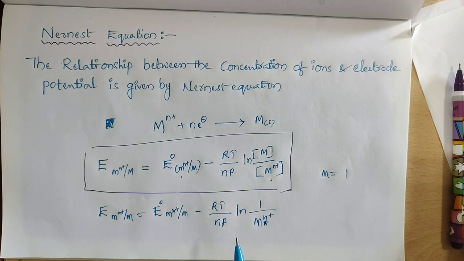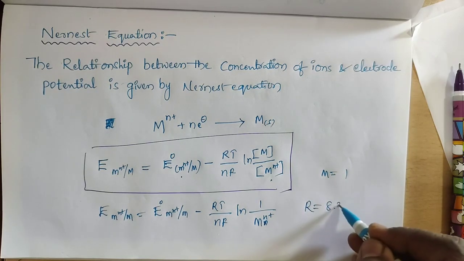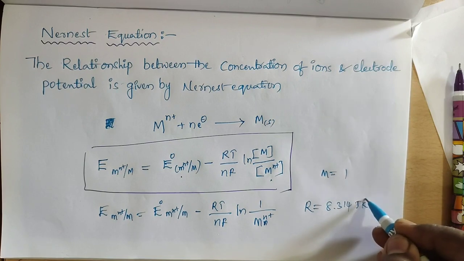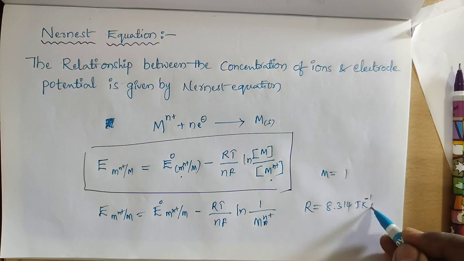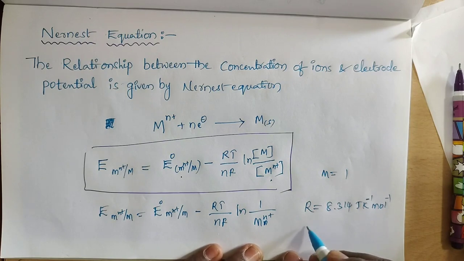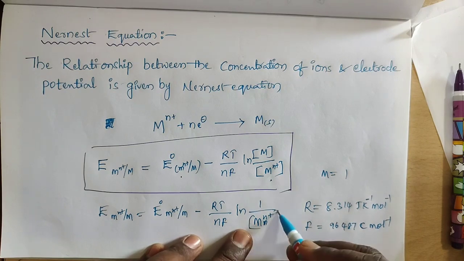R is the gas constant, 8.314 joule per Kelvin per mole. F is the Faraday, 96500 coulombs, more precisely 96487 coulombs per mole. T is the temperature in Kelvin, and M n plus is the metal ion concentration.